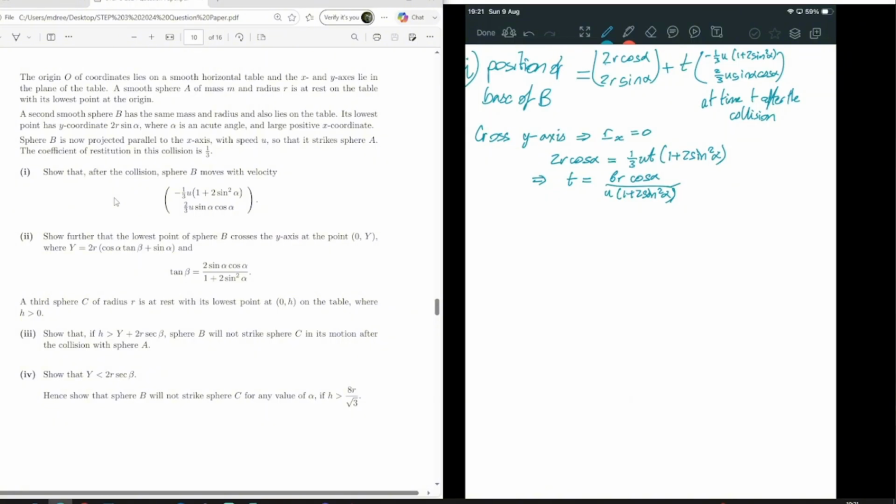Now I'm having a quick look that this thing looks a little bit like the tan beta. Do I want to write this in terms of tan beta straight away? I'm going to write this in terms of the tan beta. So the tan beta was 2 sine alpha.